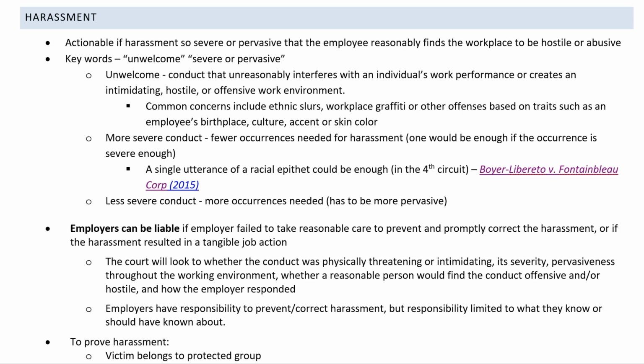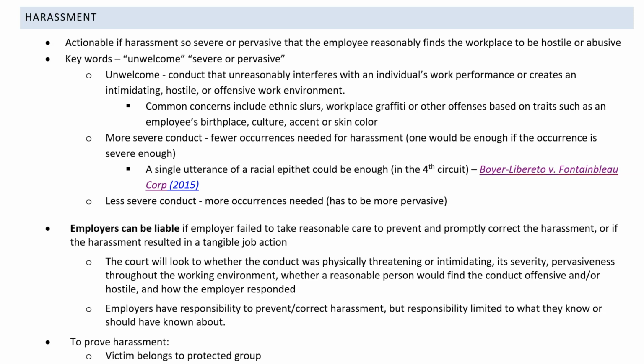Now let's talk about severe and pervasive, those keywords. So the more severe conduct is, the fewer occurrences have to happen to prove harassment. Even one occurrence can be sufficient if it is severe enough.